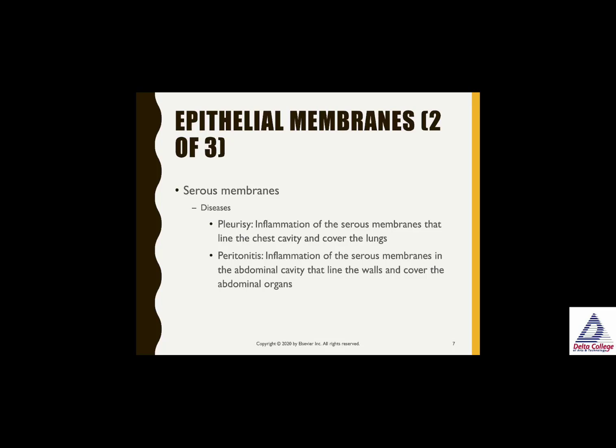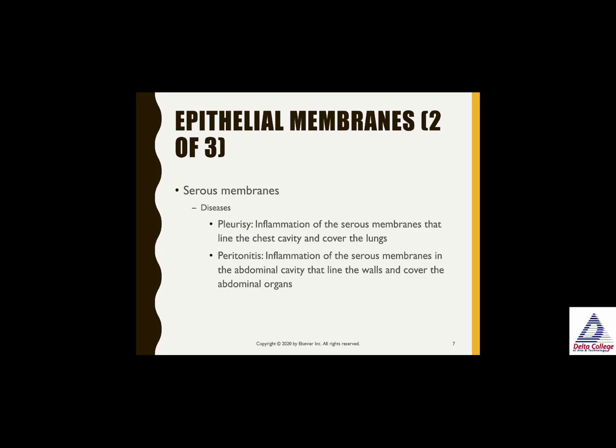So when we talk about diseases, they're going to be named according to the location of the serous membrane. In pleurisy, pleura, hence lungs, there is inflammation of serous membranes that line the chest cavity and cover the lungs. And it is a very painful condition. Then in peritonitis, this is if we're dealing with our visceral or parietal peritoneum.